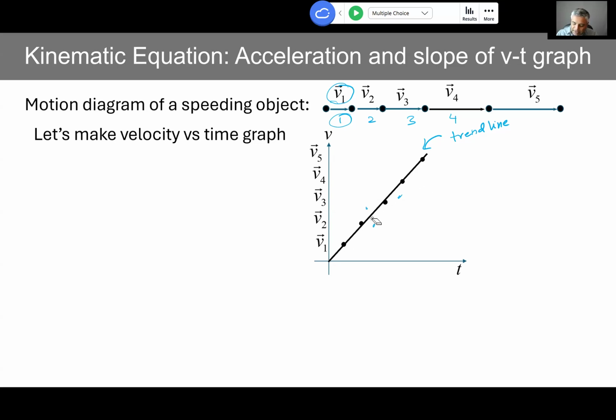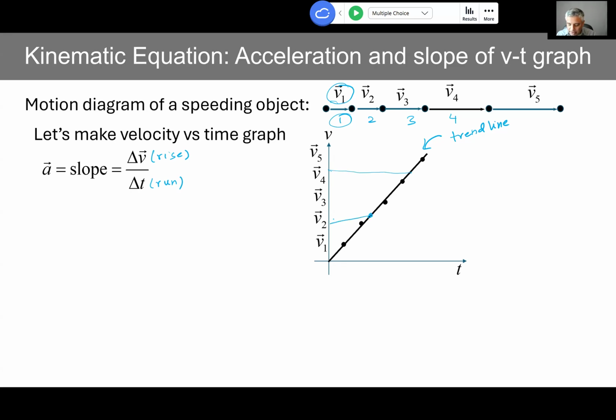So anyway, this is a velocity versus time graph. If we look at the change, or let's say rise in this case, we are looking at change in velocity. That means slope gives us acceleration, because slope is rise over run. In this case, rise is change in velocity.